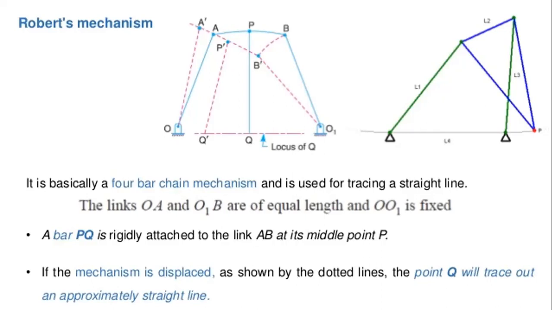And a bar PQ is rigidly attached to the link AB at the middle point P, in which P forms the straight line. So P forms the straight line which is parallel to O1.